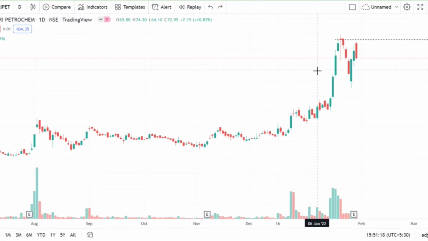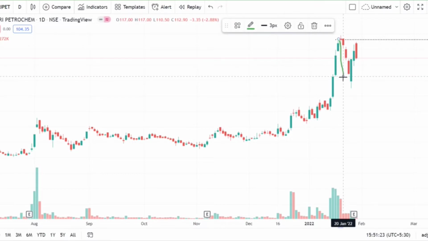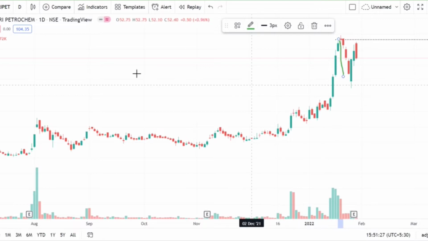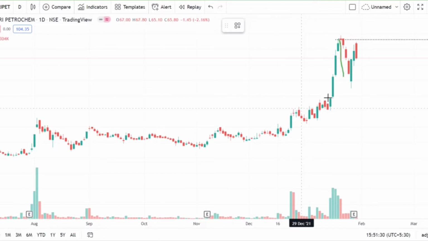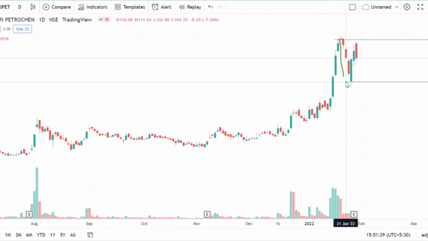So now what is your next step? Whenever in this downward trend, you need to see if there is a green candle forming the next day, right? So there was a green candle whose opening was here, and the closing was here.